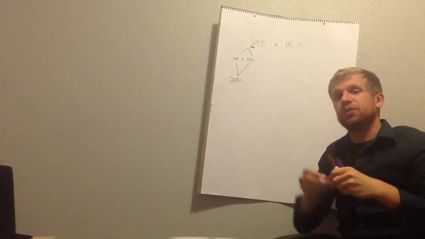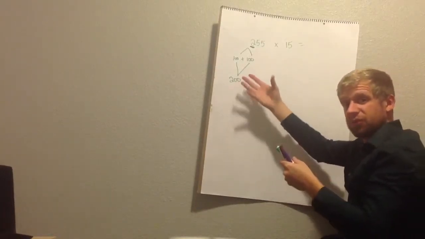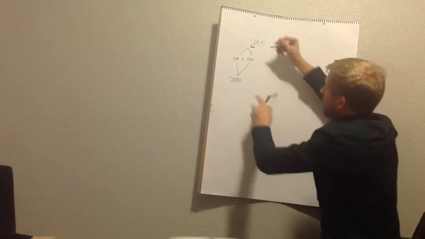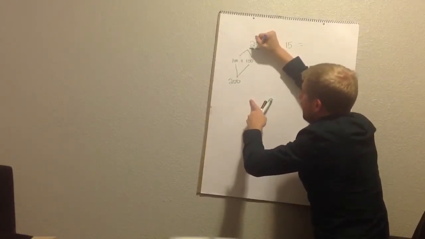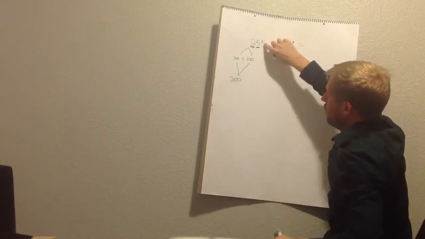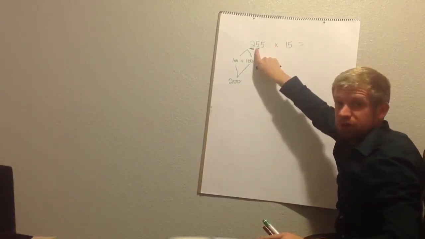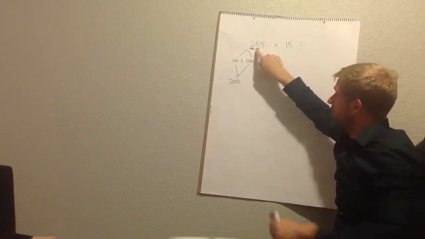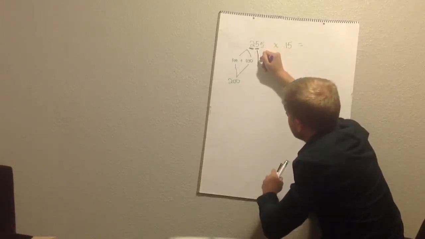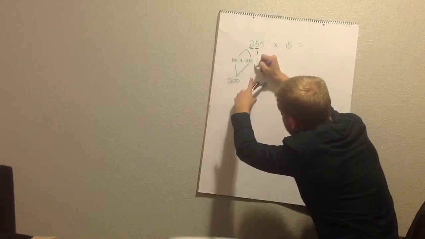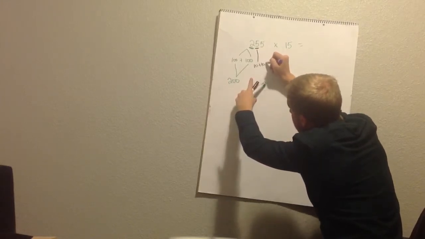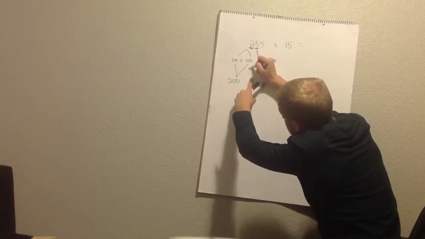So you decomposed part of this number, but we've got to keep going. Now we're going to look at the 5 in the middle. So we have the ones place, and then we have the tens place. The 5 in the middle is in the tens place. So it's telling us that there are 5 groups of 10. So it's 10 plus 10 plus 10 plus 10, and we put the other plus 10 right there.